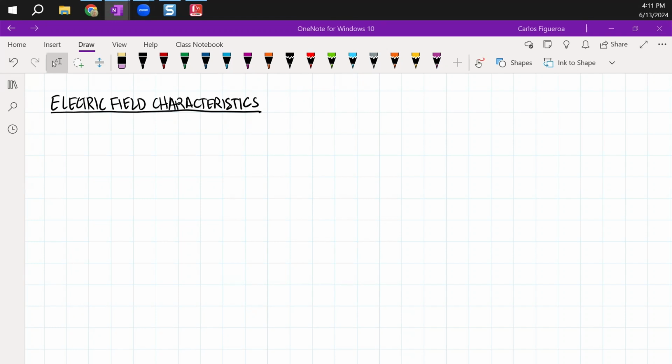Electric field characteristics. So to understand the electric field, we have to go through some of its characteristics as well as the definition of the electric field.